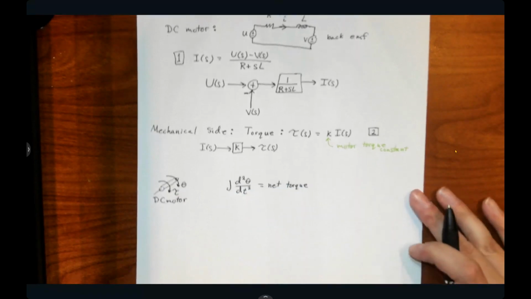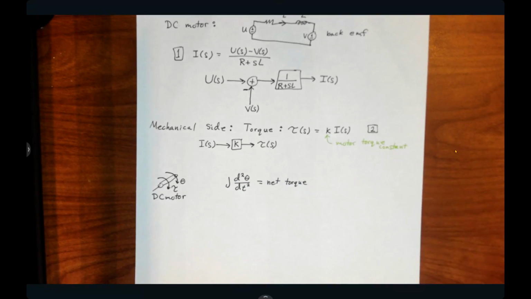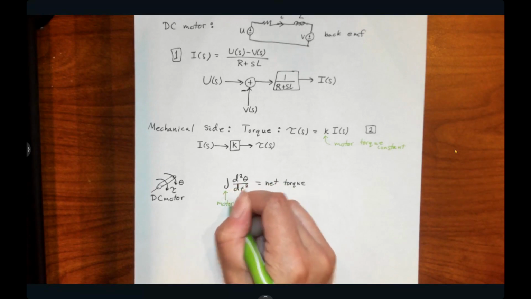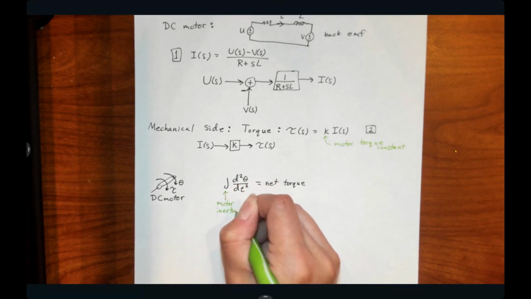right? So it's kind of like in physics 1, right? You have mass times acceleration equals applied force. So this is the angular equivalent. So instead of mass, what we're going to have is inertia, right?